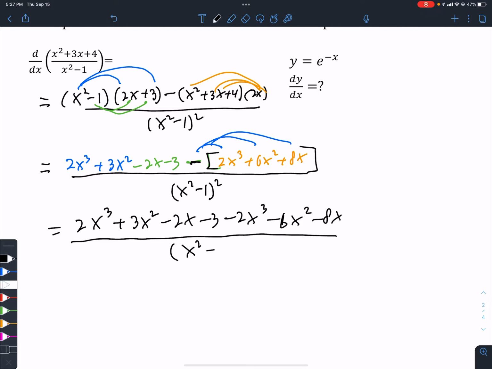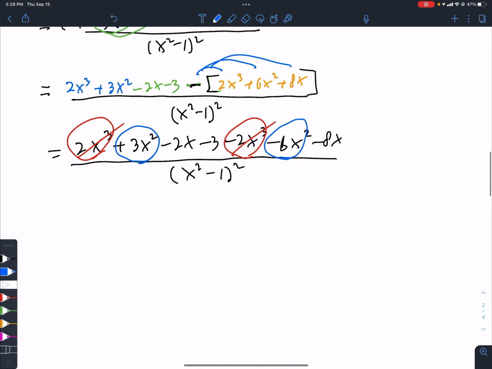This is getting ugly. Let's look for nice things to happen. Look at that, 2x cubed minus 2x cubed, those cancel. I like that. And then I have positive 3x squared minus 6x squared. If you combine that, that gives you minus 3x squared.